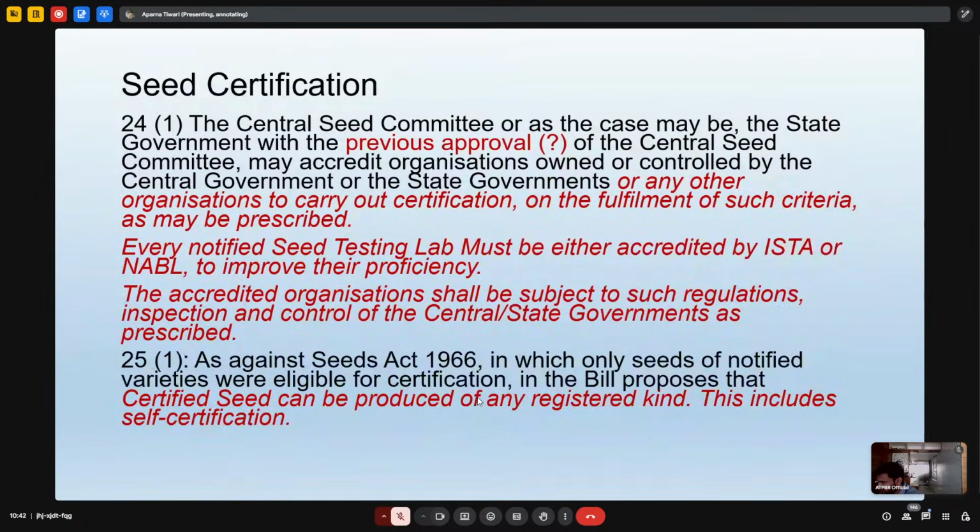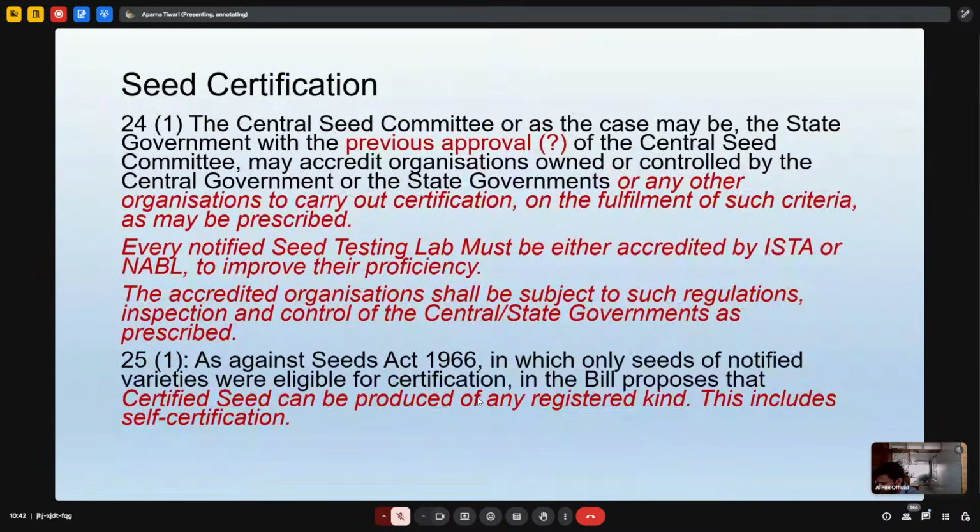Now, every notified seed testing lab, this is my proposal. Today, we have more than 100 notified seed testing labs, but the conditions and proficiency of seed testing labs in most of the states are really very poor.